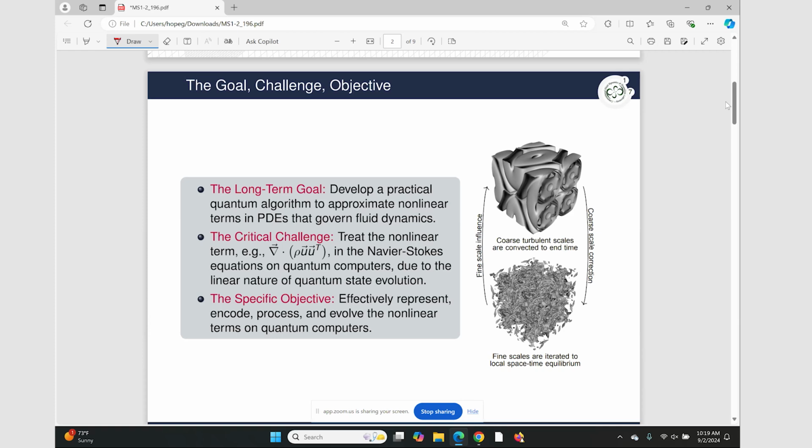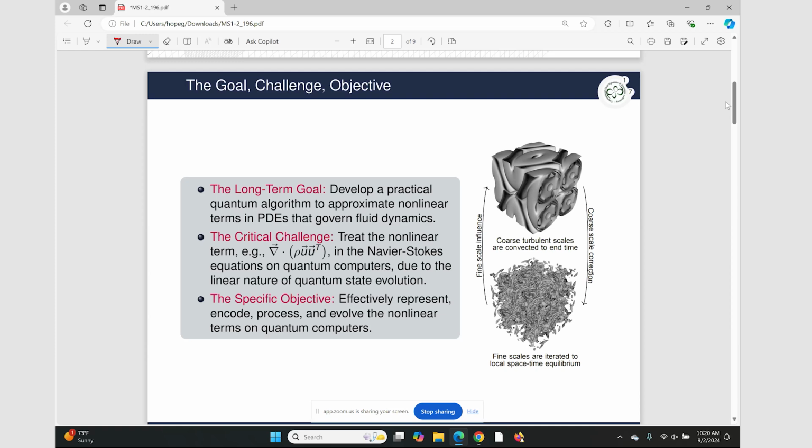Now, modeling and simulating practical high Reynolds number turbulence on classical computing is very challenging. As we know, turbulence is an old problem, but we need a new solution.